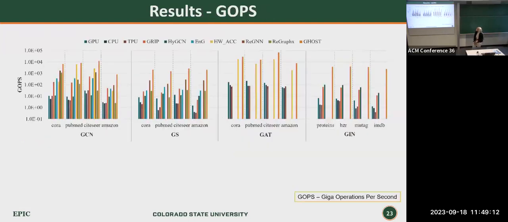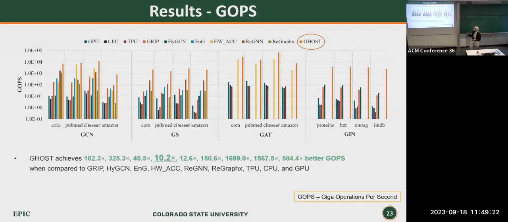So these are the results first for the GOPS, or giga operations per second, which is a throughput metric. GHOST efficiently outperformed all of the platforms we compared against, and it achieved at least 10.2 times better GOPS values.